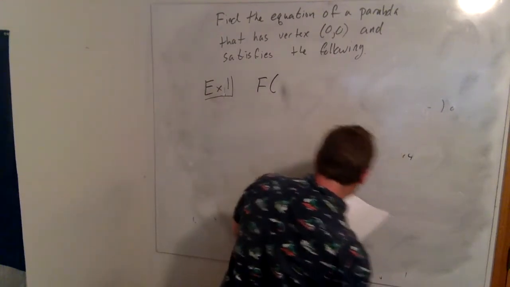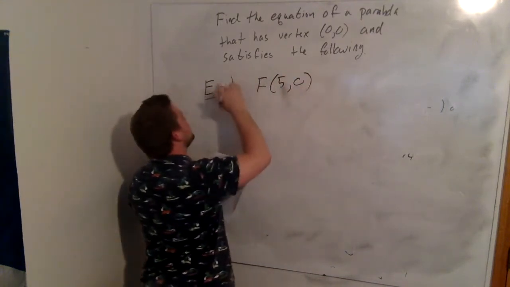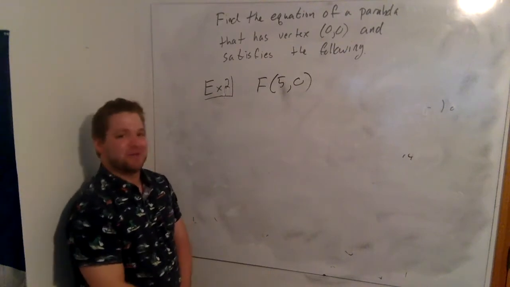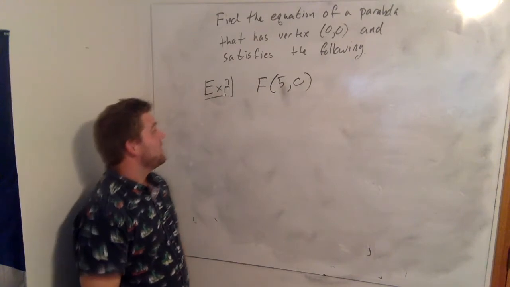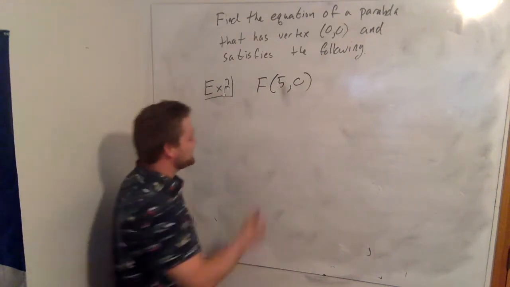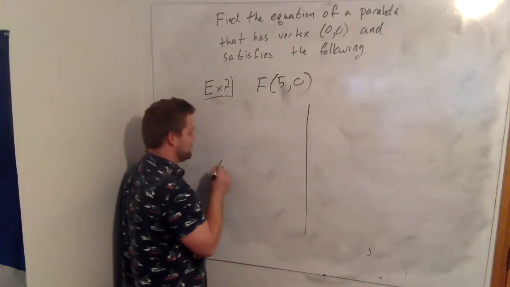Let's say the focus is at, how about (5, 0). So this is our second example. Go ahead and pause the video and try graphing this parabola here. Okay, let's do it. You don't have to draw a picture, but I find drawing a picture helps me.